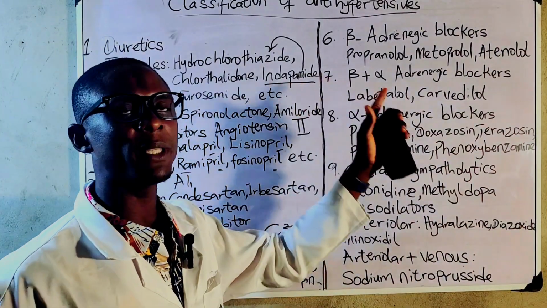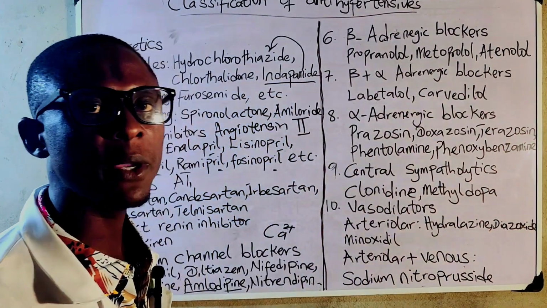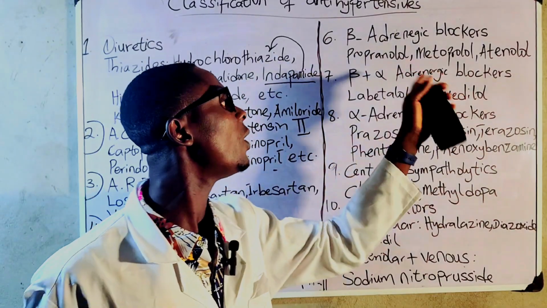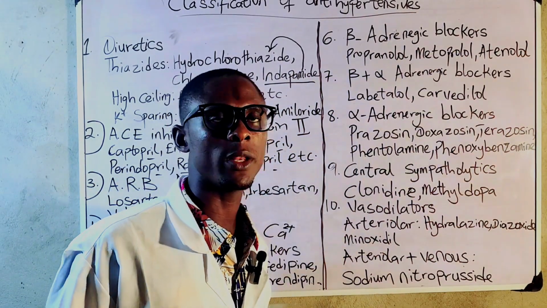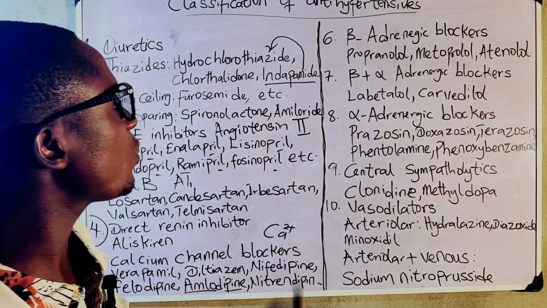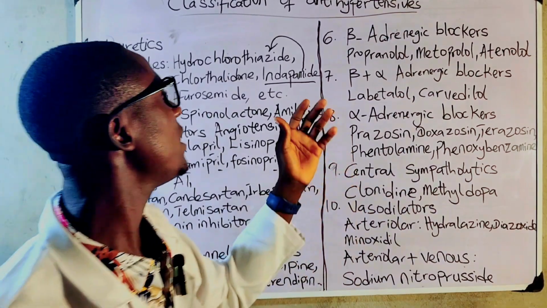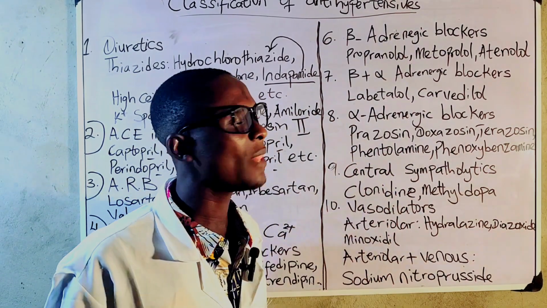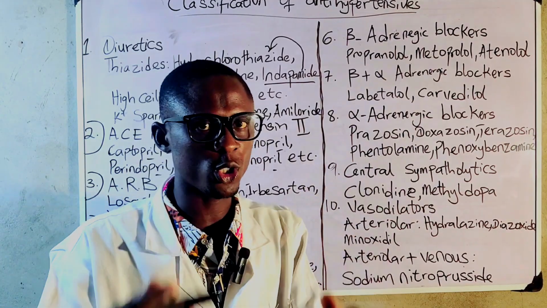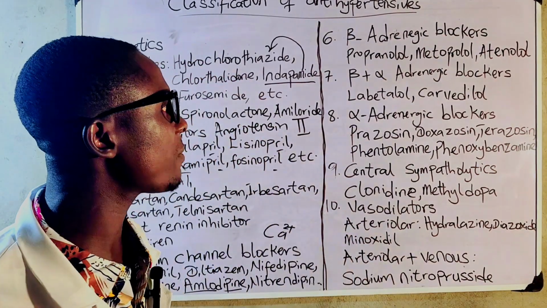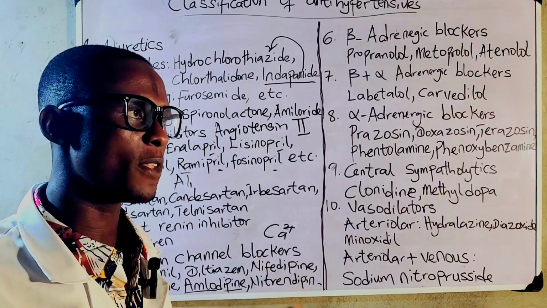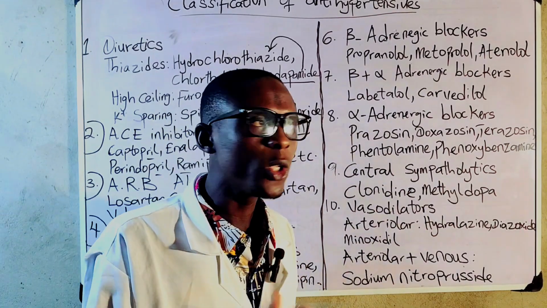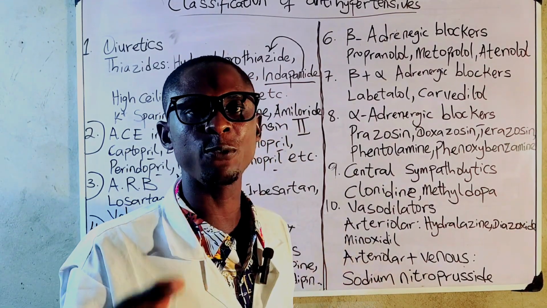All right, the sixth one is the beta adrenergic blockers, and typical examples are propranolol, metoprolol, and atenolol. There are so many of them, and how do they work? They act by reducing the heart rate. They reduce how the heart beats and also reduce the force of contraction. So when this happens, the blood pressure will definitely come down, and this will help to reduce or prevent heart failure.